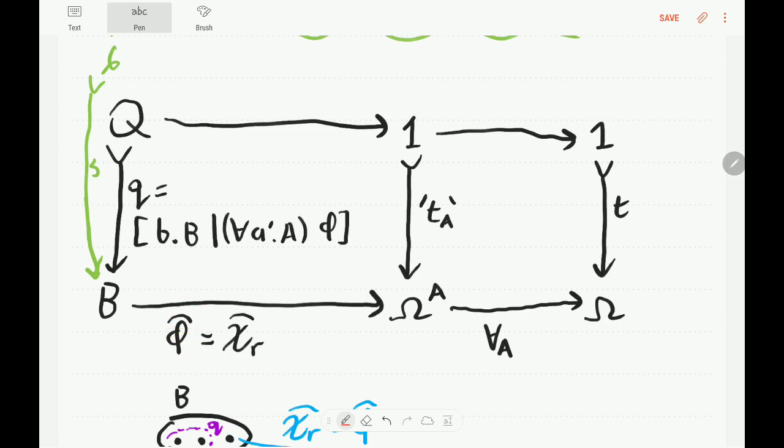Now, if you remember, phi is just the classifying arrow of R. So phi bar is going to be the transpose of the classifying arrow of R. Now, there's an alternative way to look at this. So I'm going to refer to phi bar as chi R bar for a while, okay?